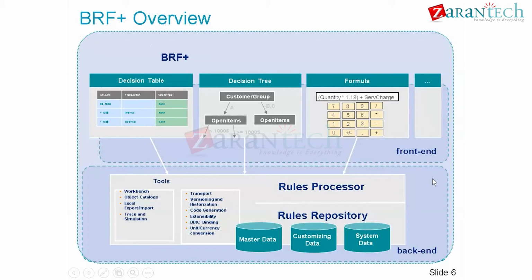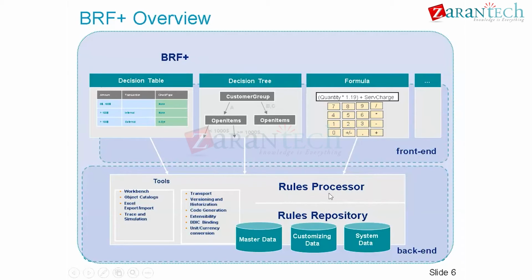But what exactly happens in the background? Our rule processors will work. This is the main part, the rule processor, which is the backend of all the BRF Plus applications.